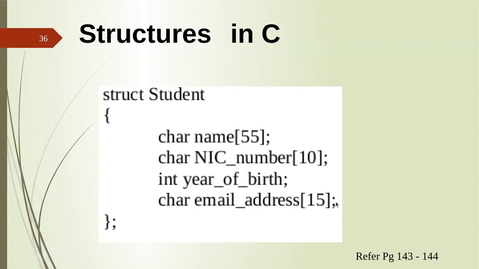The length of this email address is 15. The char NIC number is 10. The char name is 55. The total variable is called student. This type of variable is called struct.